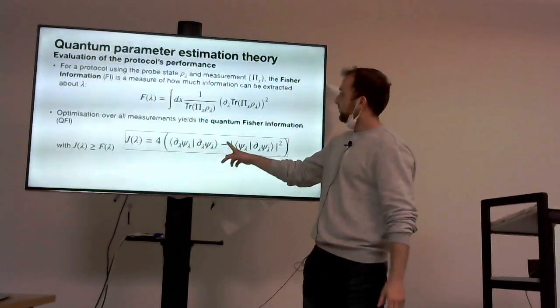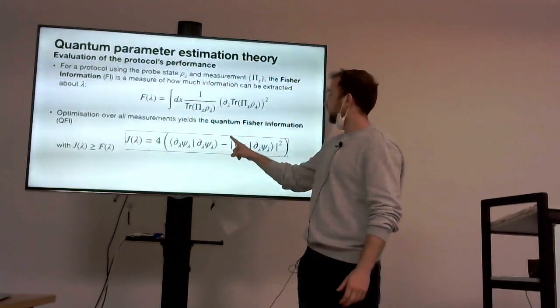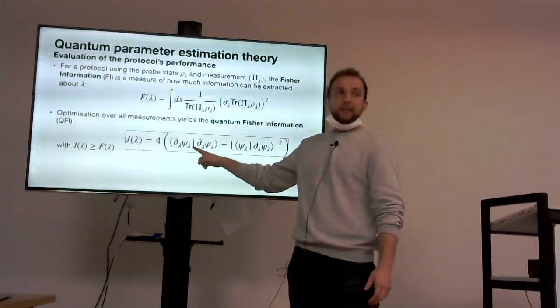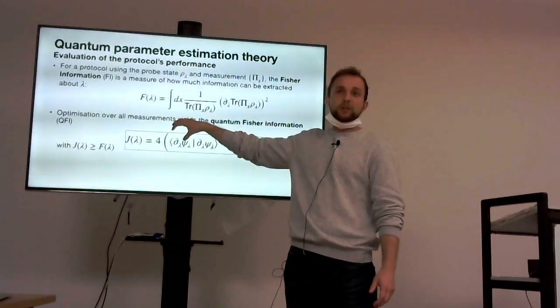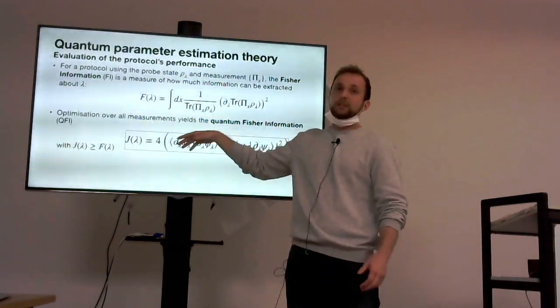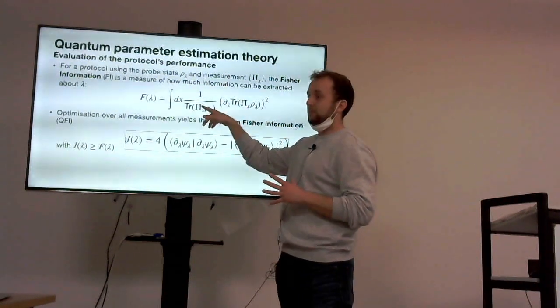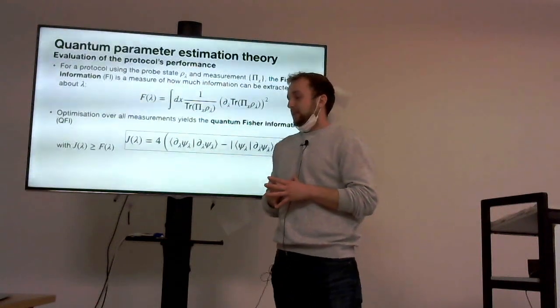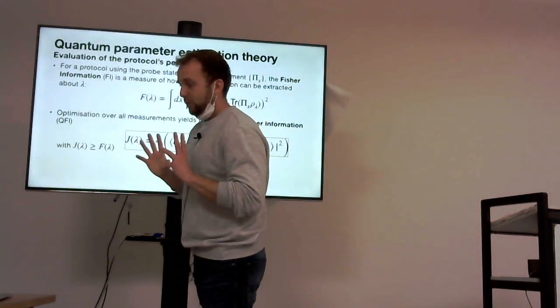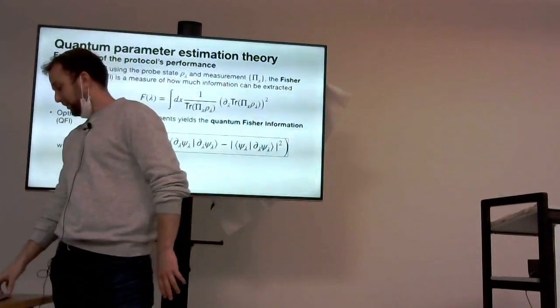And the good thing is that it's really easy to calculate because it only depends on the derivative of the state, but not on the optimal measurement itself. So to calculate it, we don't even need to know what the optimal measurement is. But obviously, we are also interested in the measurements, and we will talk about this later.